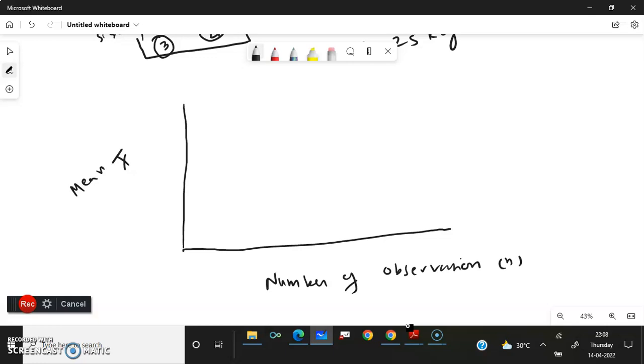For example, I'm taking the sample S1 whose size is 1. For that, what is the x bar? That is what I'm plotting, right? Suppose I'm taking the sample sizes as 5, 15, 30, 45, this is at random, then 100, 500, 1000.